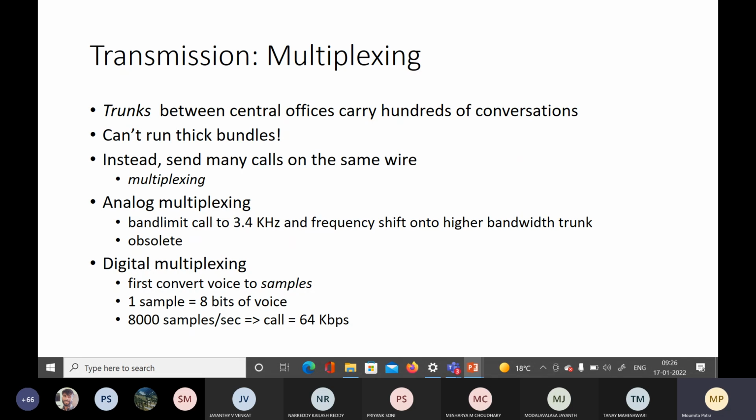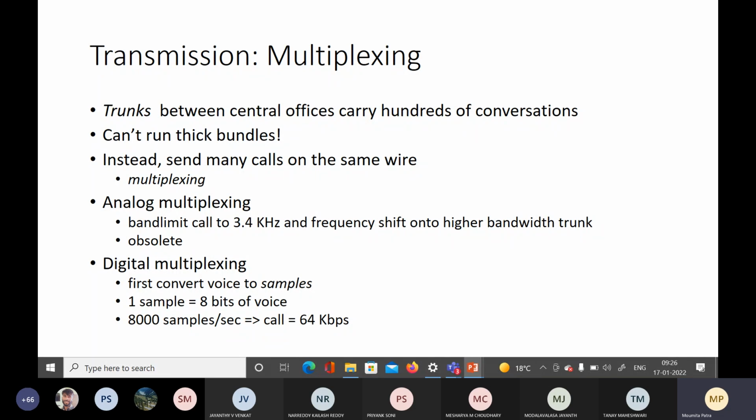So what we do is we convert the voice signal that we are receiving into digital samples. Now how do we define a sample? A sample is 8 bits of voice. I had told you earlier that one sample is greater than or equal to 1 bit.